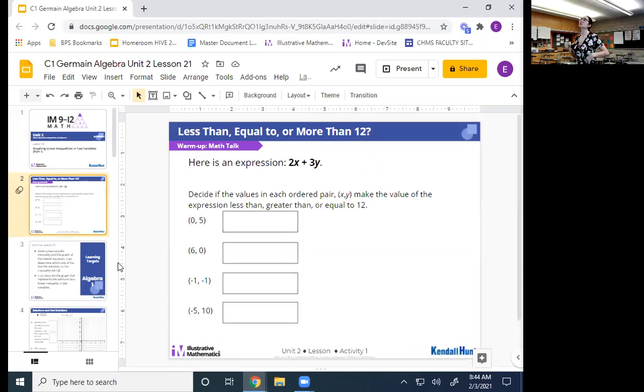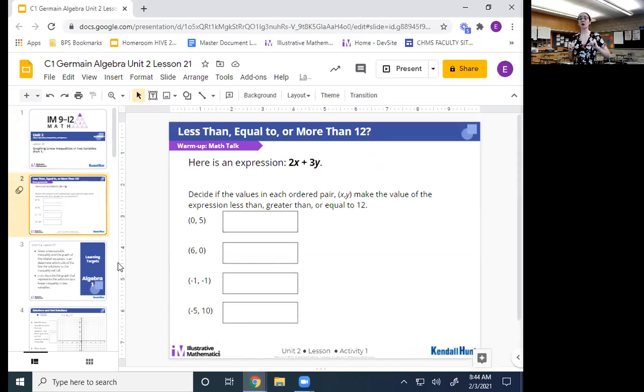Okay, so here is an expression: 2x plus 3y. We need to decide if the values in each ordered pair, x comma y, make the value of the expression less than, greater than, or equal to the number 12.